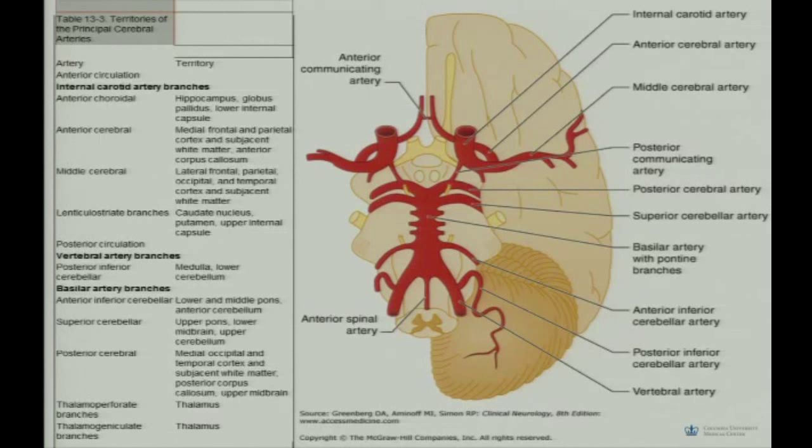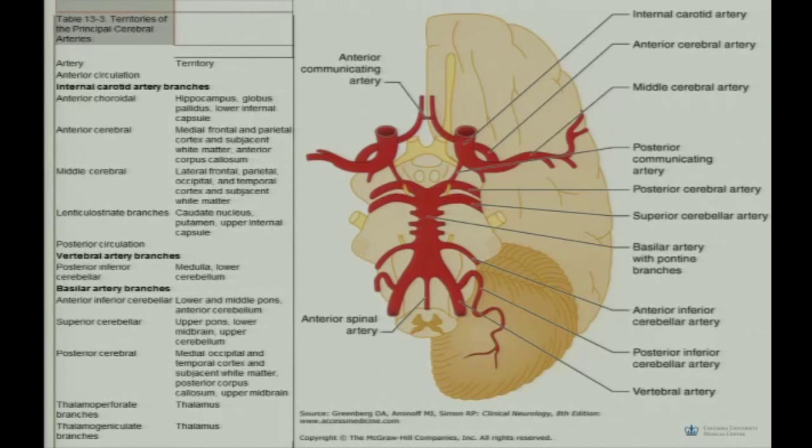So the most common areas of the brain where we see strokes occur, especially embolic strokes, is a part of the brain called the circle of Willis, and it's this circular anastomosis of blood vessels at the base of the brain.